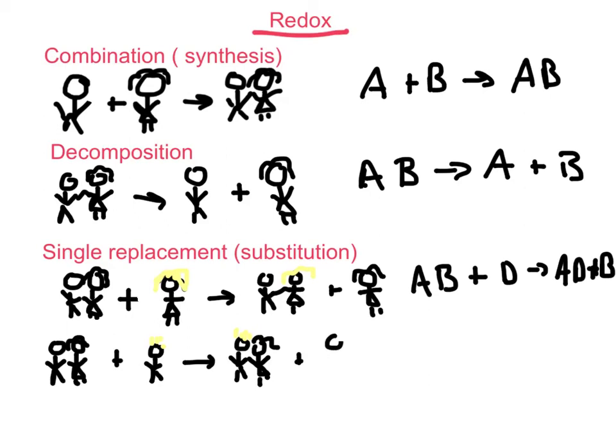And the boy that didn't have any hair gets kicked out by himself. So in this case, putting it into letters would be AB plus C gives CB plus A.